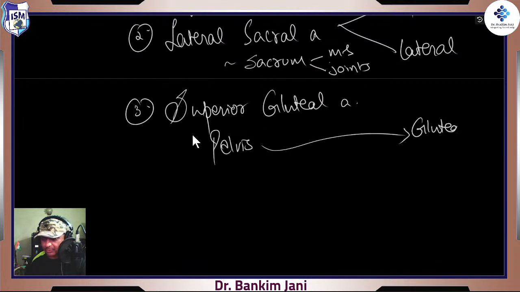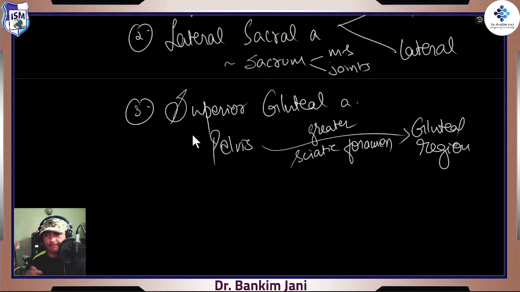And when we saw that artery, we said that it would be crossing via the greater sciatic foramen, correct? The lower part of the greater sciatic foramen, right? And then via that into the gluteal region, it supplies gluteus maximus.